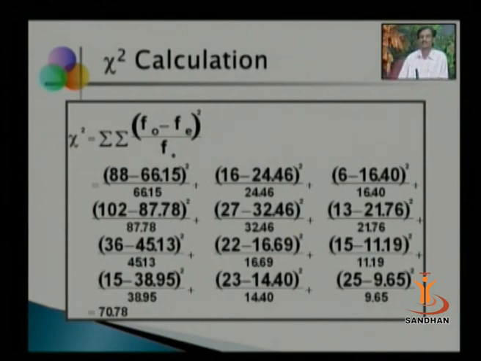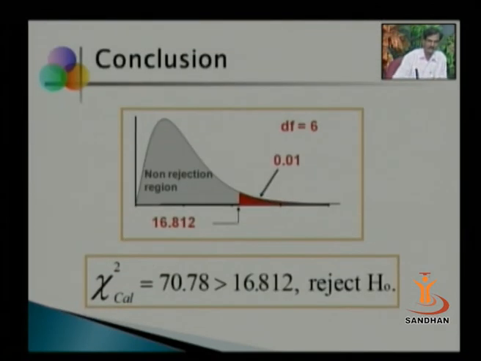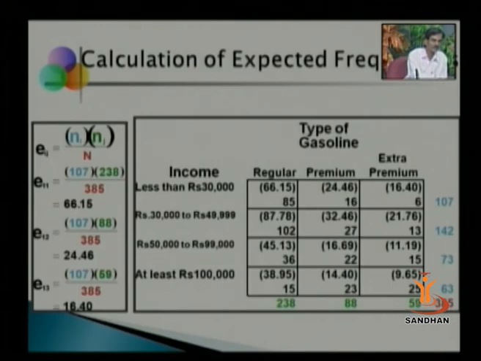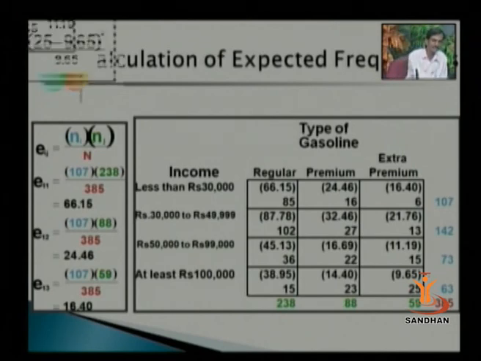Using the observed and expected frequencies from the previous table, the calculated chi-square for our example comes out to be 70.78. Now what about the degrees of freedom? Since we have a 4 by 3 contingency table, the degrees of freedom is (4 minus 1) into (3 minus 1), that is 3 into 2, which is 6.